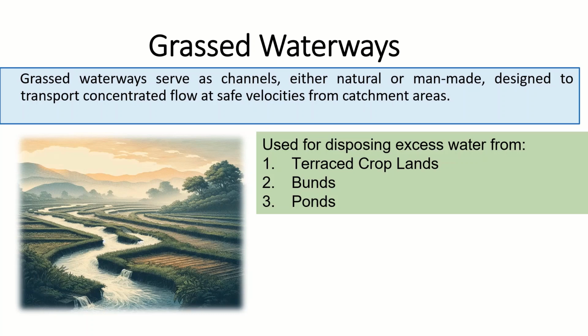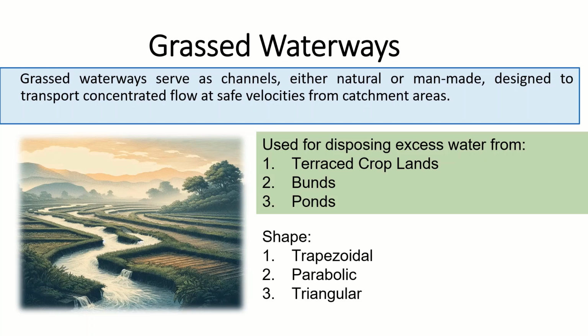It is used for disposing excess water from terraced croplands, bunds and ponds. It is used in agriculture to dispose excess water. It is carefully sloped and the design is also meticulously done so that it can handle the peak runoff events.